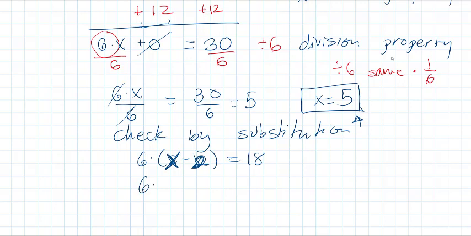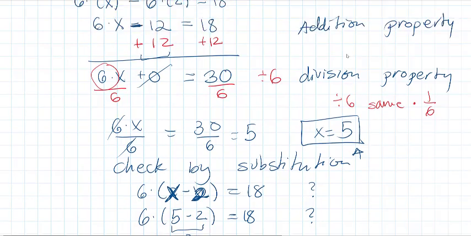So we're going to put 6 times (5 minus 2) equals 18, and the equality here is still being checked. Now 5 minus 2 is just 3, so we have 6 times 3, which is 18. So this is correct. By checking by substitution, we made sure that we solved the problem correctly.